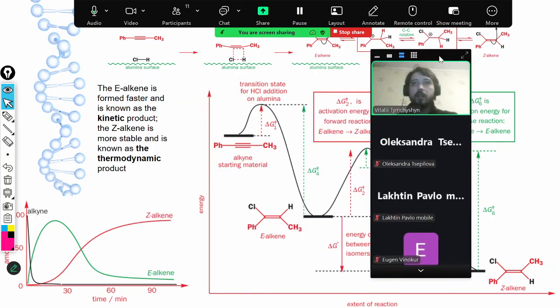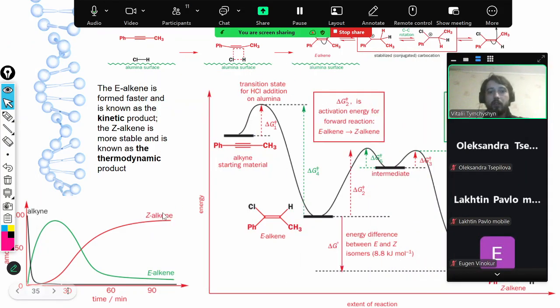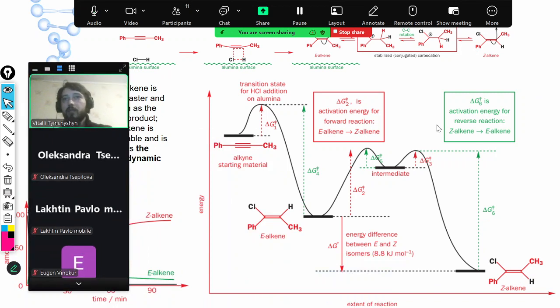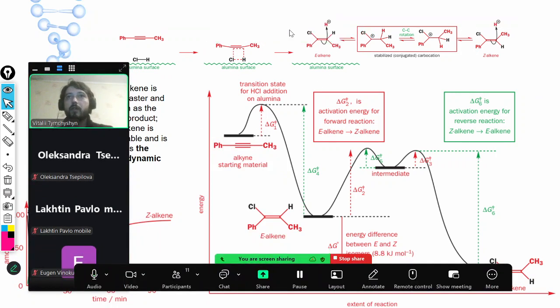If we measure the concentration of E-alkene and Z-alkene, we will get this sort of plot. First a lot of E-alkene is produced, then if you wait long enough, the amount of E-alkene goes down and the amount of Z-alkene goes up. And that's what you can see from these plots and from this mechanism of the reaction.